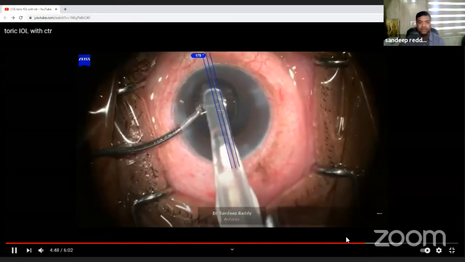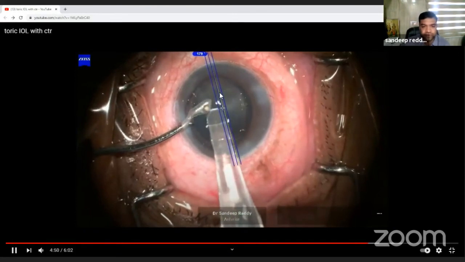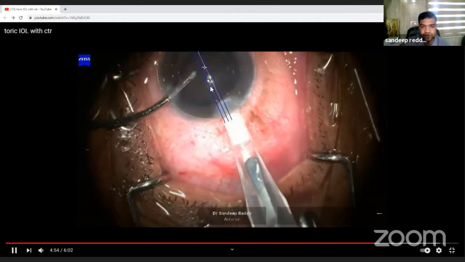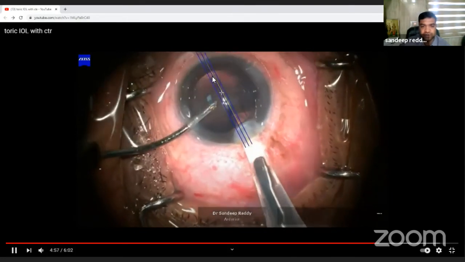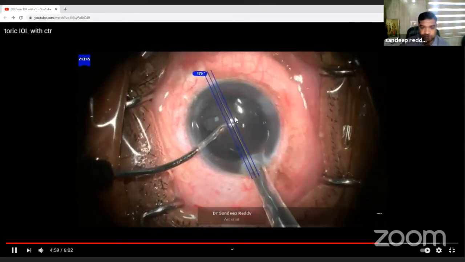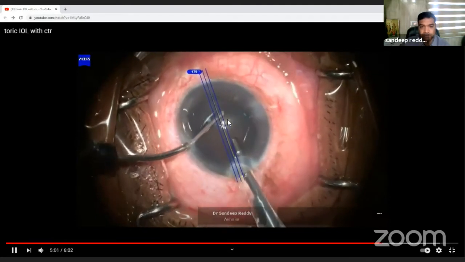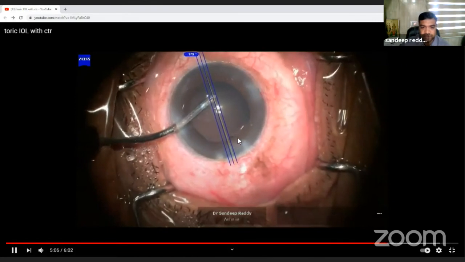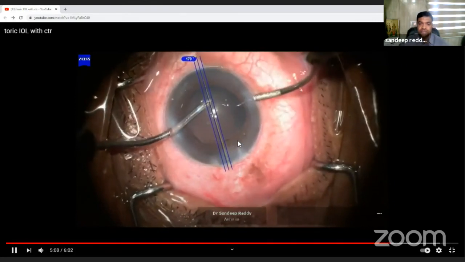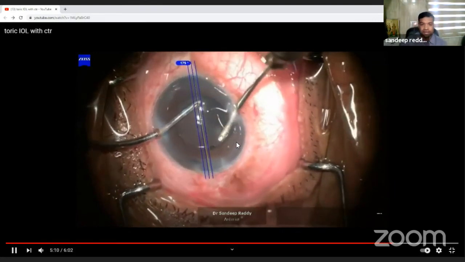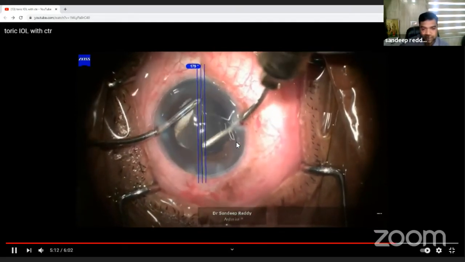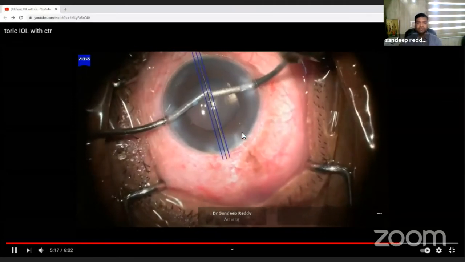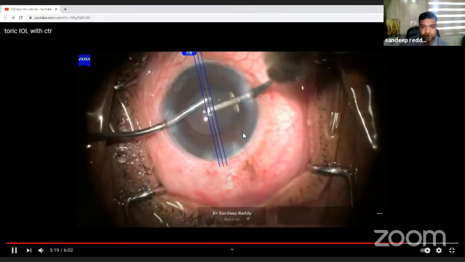So this is how the marker shows. You have 3 lines that show the alignment of the IOL. Generally you have to keep the toric marks on the IOL as parallel to these lines as possible. So I'm using a plate haptic Zeiss toric lens, which comes in 0.5 diopter variations, which gives us a very good option.